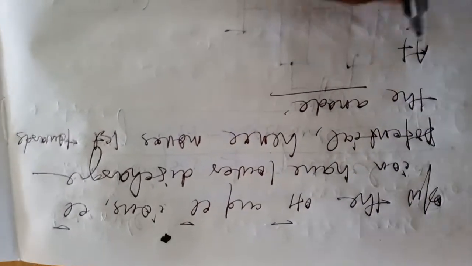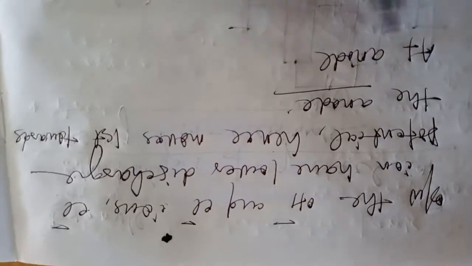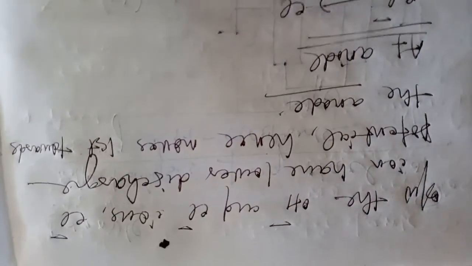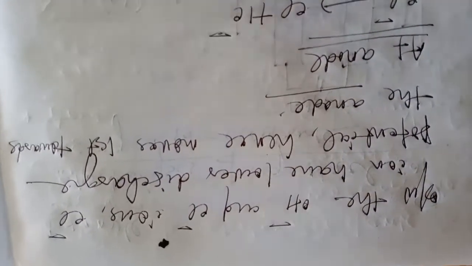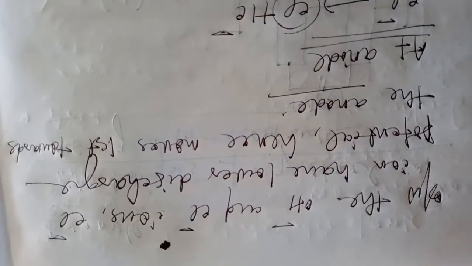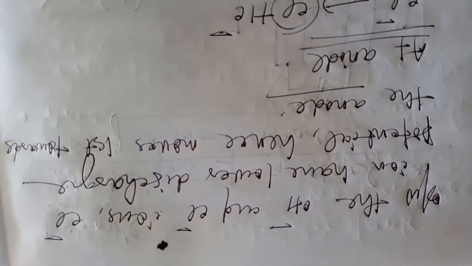So at anode, what will happen? The Cl minus ion loses 1 electron. This Cl joins with another Cl to form Cl2 gas.